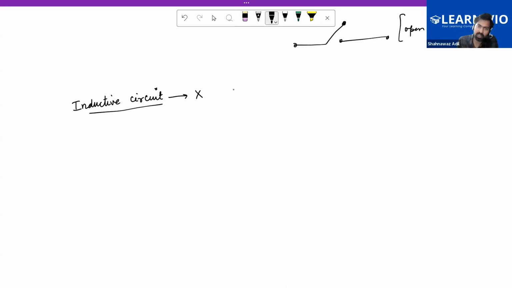So this XL is omega L, right? So if omega is 0, then XL is 0.